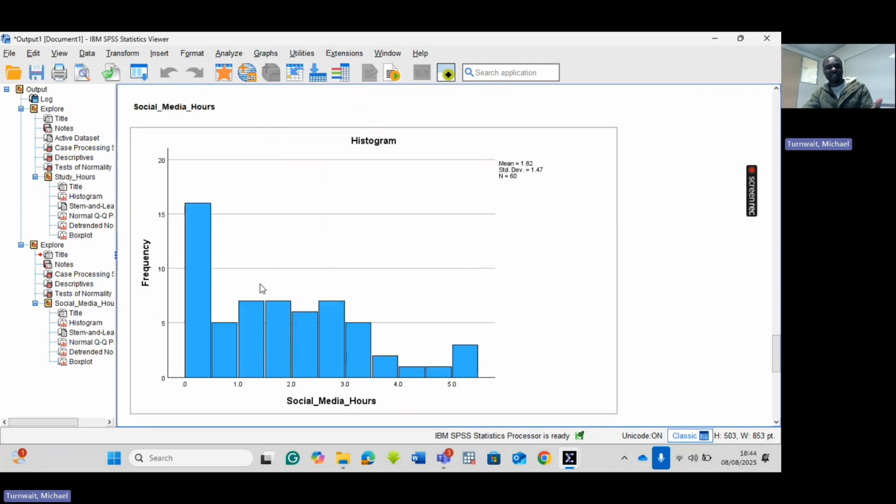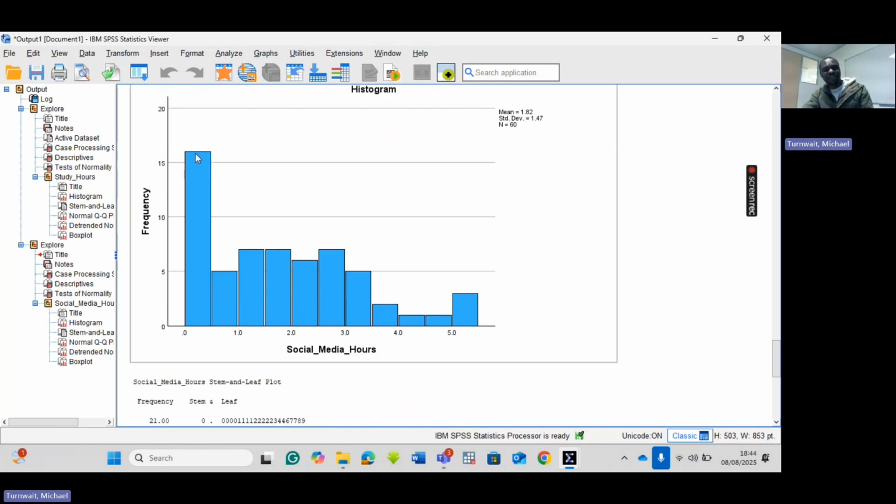Now let's look at the histogram. In our histogram, you see the shape telling us that most of the students engage in less social media activity. That means social media use is low, almost 0 to 1 hour. But let's draw our bell-shaped curve and see what will happen.